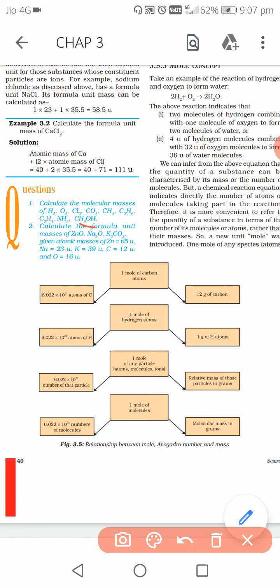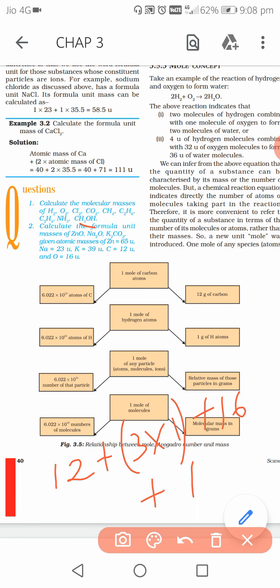Okay, I am doing this one, CH3OH. Carbon 12, H3 plus 3 into 1, 1 for hydrogen but there are 3 hydrogen, plus 1 oxygen, so 16, plus again 1 hydrogen, that is 1.